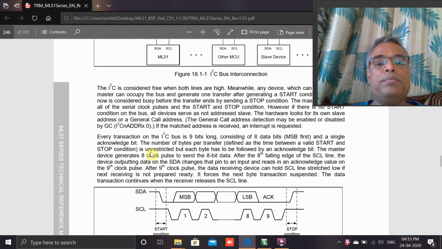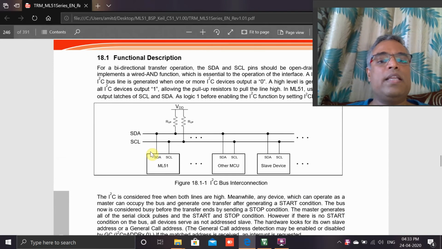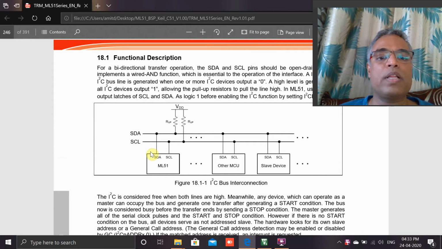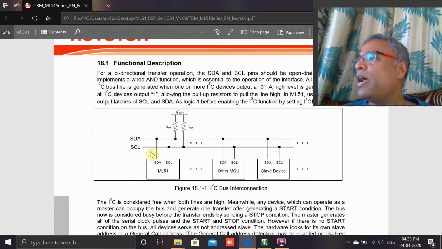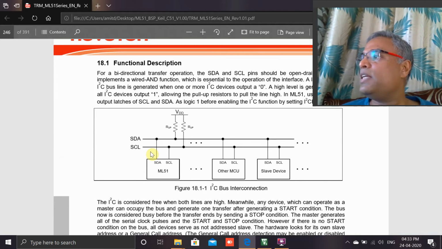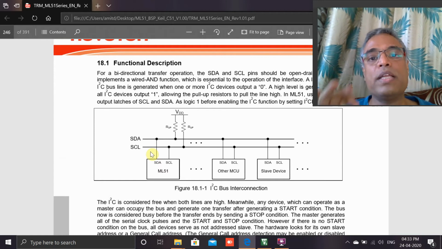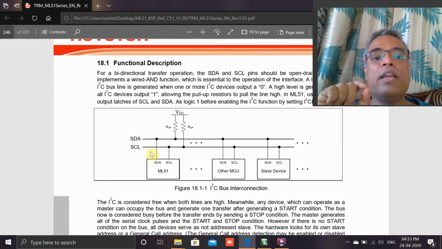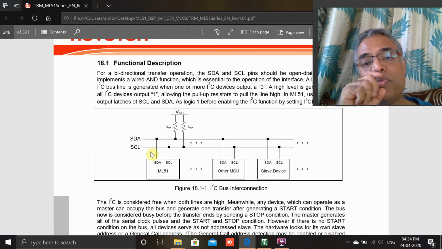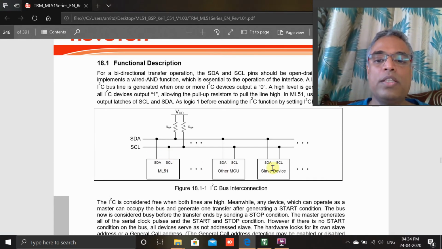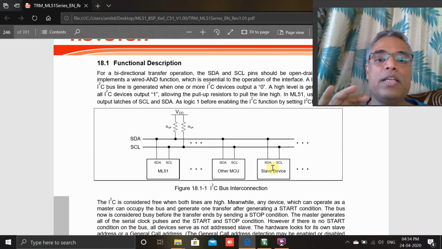Like I said, there are two lines, SCL and SDA. Now, both of these have to be open drain. A low level on an SDA line is generated when one or more devices are outputting a 0, and a high level on an SDA line is generated when all the devices, like this one and this one, are outputting a high on the SDA line, because this is open drain, right?